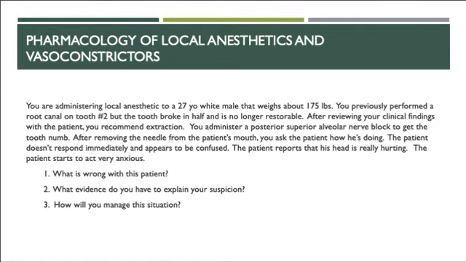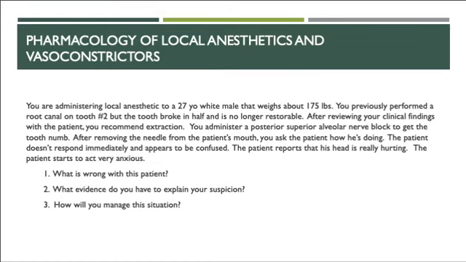Now, let's take a break from this and give you a little scenario here. You're administering local anesthetic to a 27-year-old white male that weighs about 175 pounds. You previously performed a root canal on tooth number 2. It doesn't really matter whether it's number 2 or 15, but the tooth broke in half and it's no longer restorable.